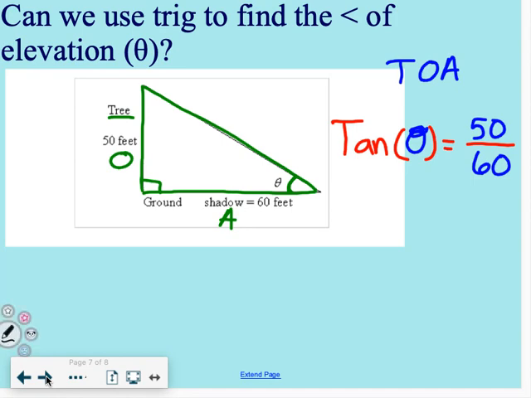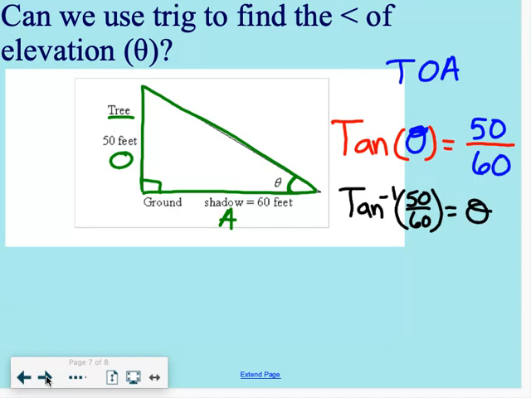When we're dealing with trigonometry, we have inverses of all of our trig functions. And we use the inverse of a trig function if we don't know the angle. So to find this information, I'm going to take tan inverse of 50 over 60, and that will give me the answer for theta.